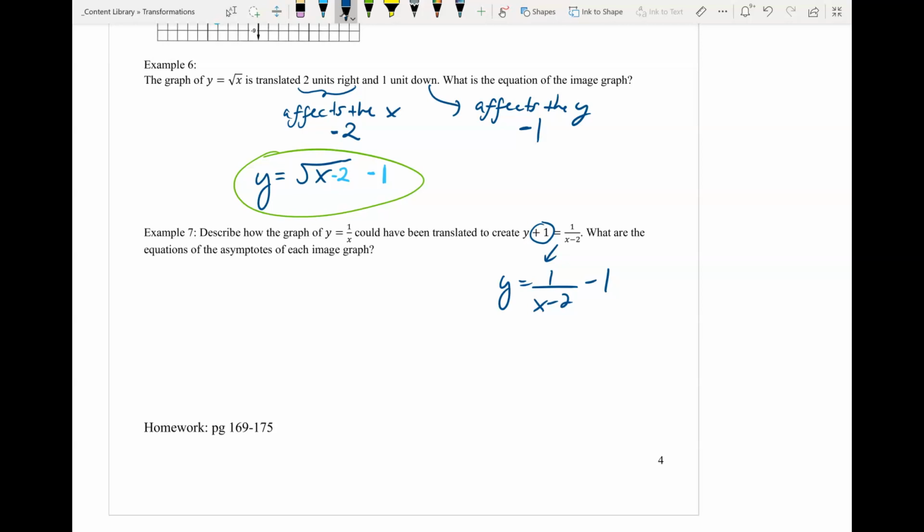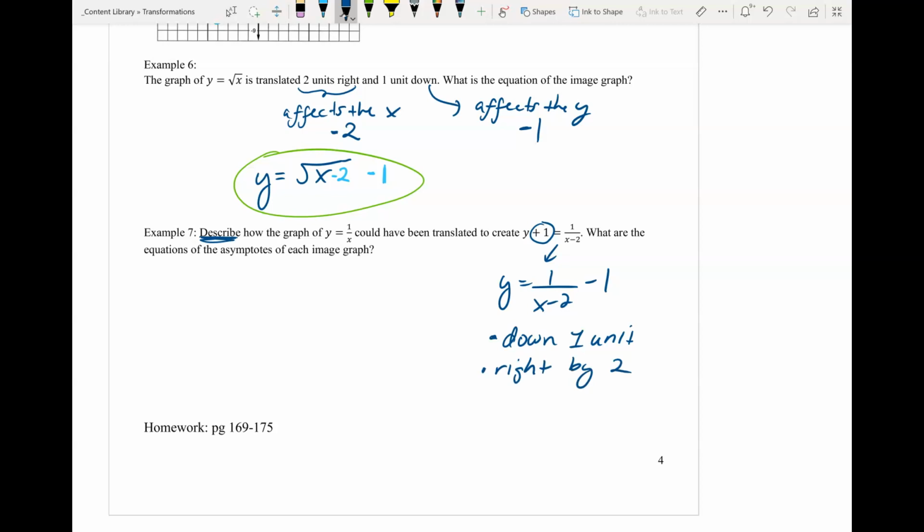But if we think about how transformations are being acted upon this, we have this 2, which means we're going to the right by 2 because it's attached to the x. And this negative 1 means we're going down by 1. So we can just state that in words because it says describe, and describe means we have to use words. We're going to go down 1 unit to the right by 2 units.